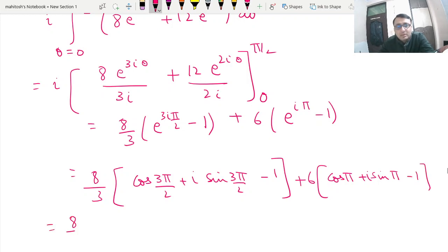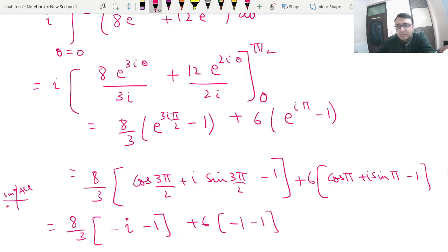Cos 90 is 0, and so is cos 3 pi by 2. And sin 3 pi by 2 is in the third quadrant, where only tan is positive, so it is negative. So this is minus i minus 1, plus 6 times (cos pi, which is minus 1, minus 1).